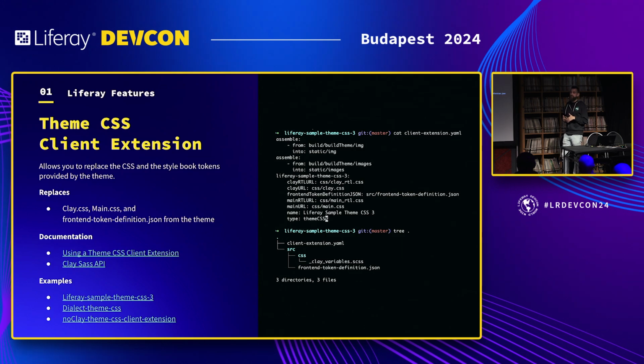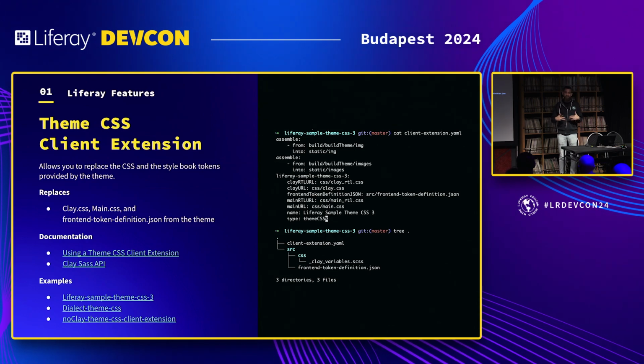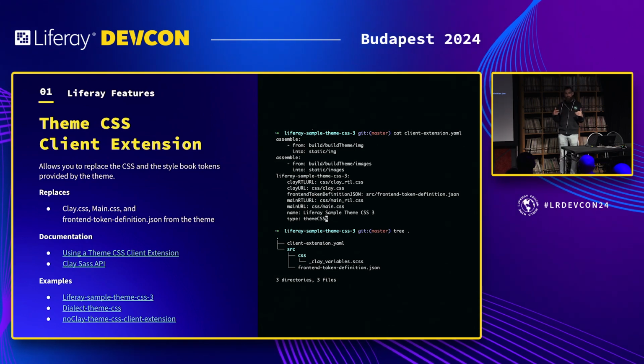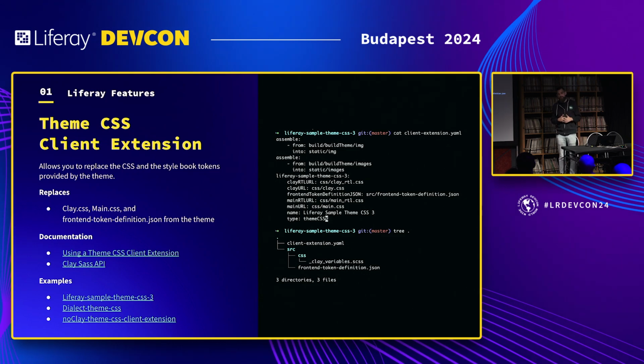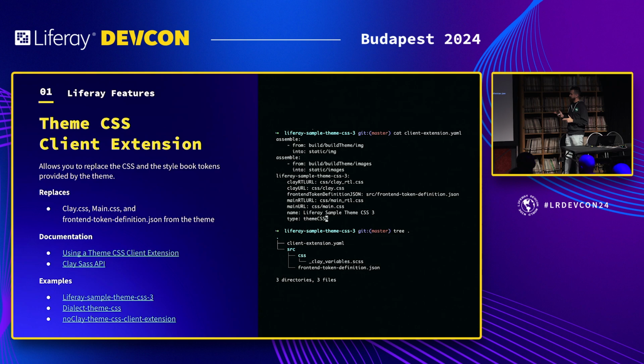That's where you can define your tokens that are then used by style books and by fragment configurations in order to make sure that you're using a consistent design system. Those tokens are being propagated throughout. You can change them on the fly in the browser, and that is now also available in the theme CSS client extension.